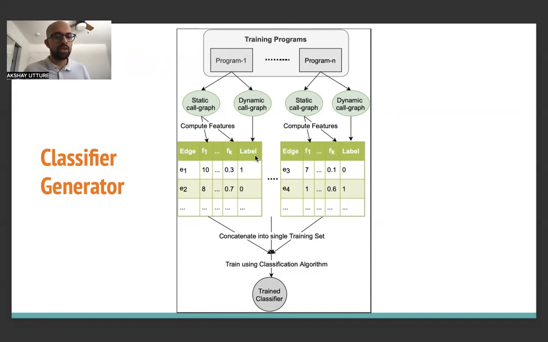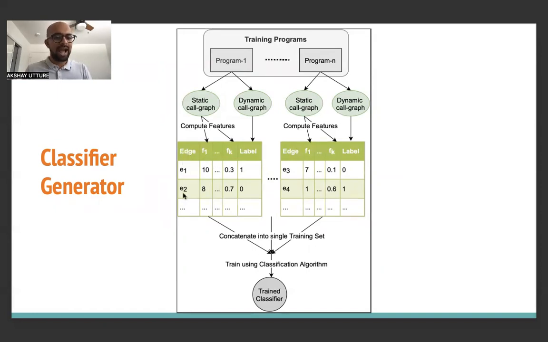Since we're using the dynamic call graph as an approximation of the ground truth, if an edge in the static call graph is also in the dynamic call graph, we give it a label of 1. Otherwise, we give it a label of 0. The remaining columns in this table are features, much like the source node out degree and the destination node in degree that we saw in the example.